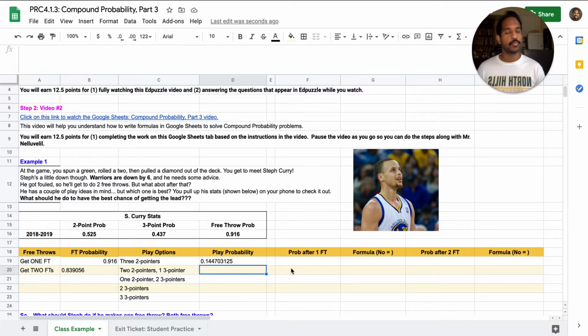Here it says two two-pointers and one three-pointer. To get two two-pointers is going to be equals B16 squared, right? Because we want B16 times B16. And then we also want to multiply one three-pointer, which is 0.437, or it's in the cell C16.